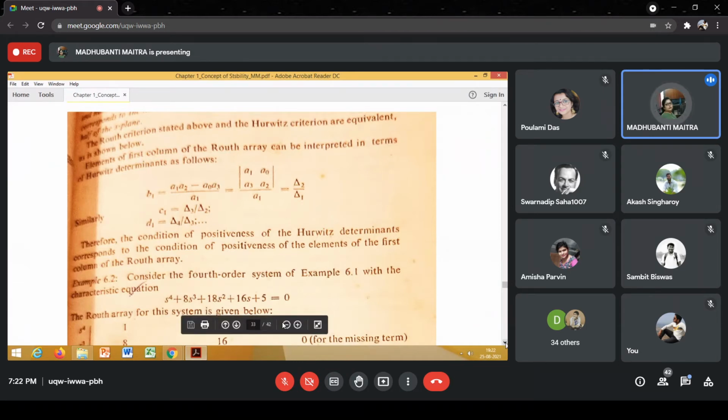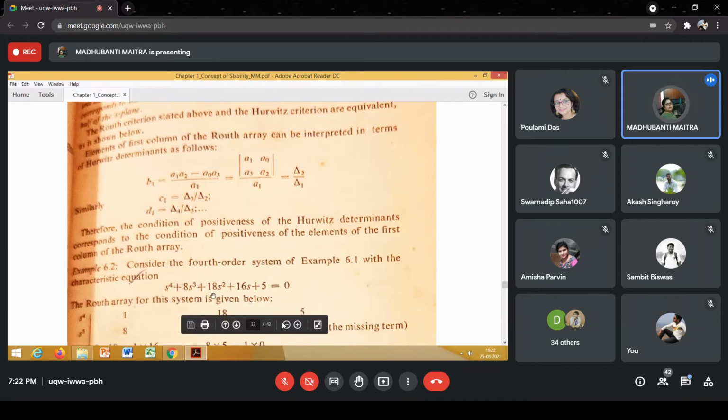So we know that the first row will correspond to the term s to the power 4, as we can see over here. And the second row will correspond to the term s cube. Do it.